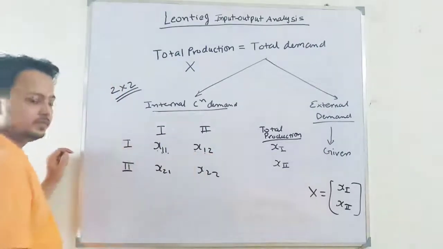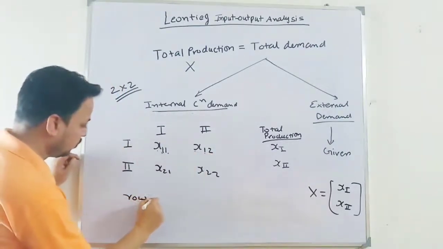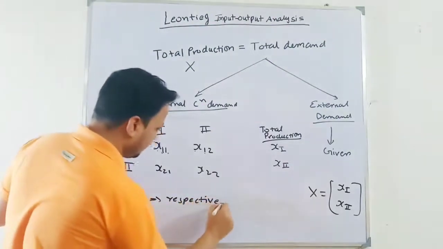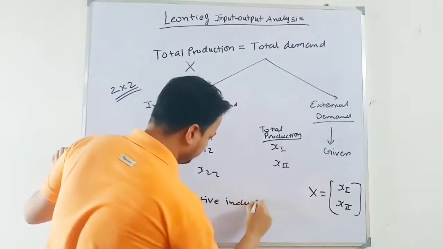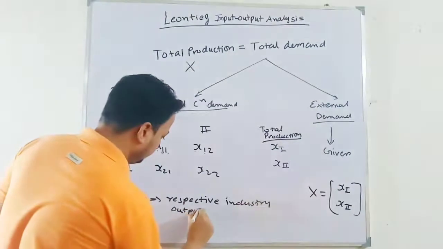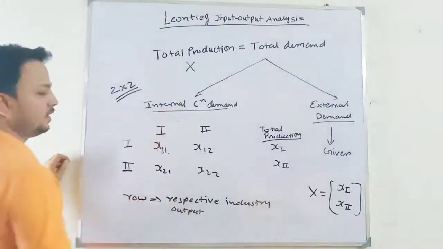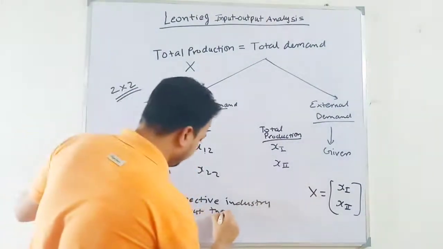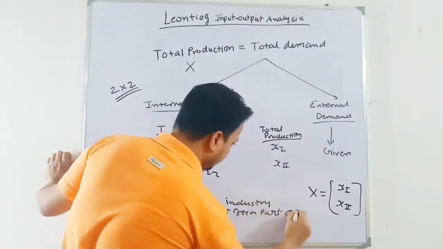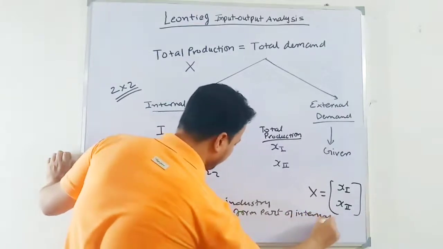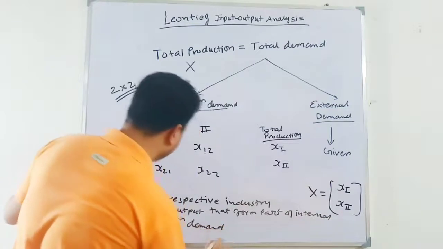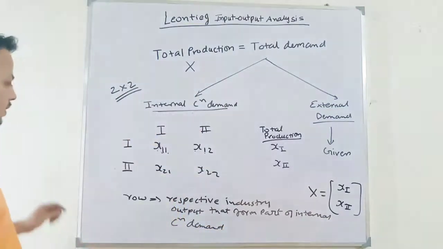So the row represents the respective industry output that forms part of internal consumption demand. Now look at this one in the row.